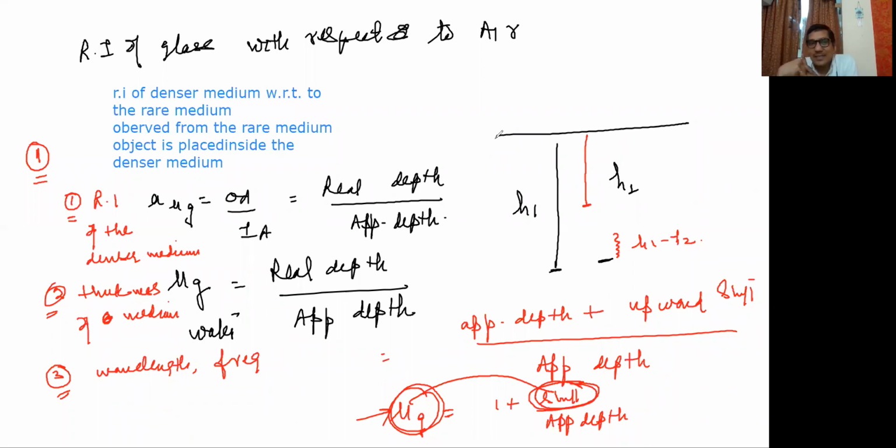shifted the least. So I told you, suppose I have got 7 words in different spectral colors printed on a paper, and I put a glass block on that. You tell me which color is shifted the most. Violet. Because the violet has the shortest wavelength.